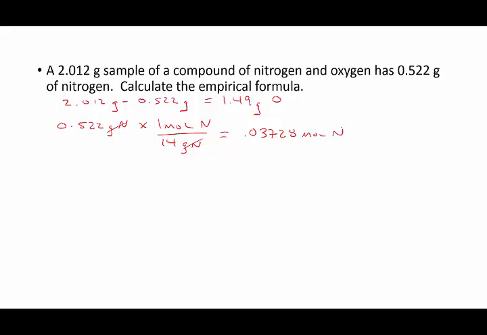Of the nitrogen. We'll do the same thing for the 1.49 grams of the oxygen. So 1.49 grams of oxygen.